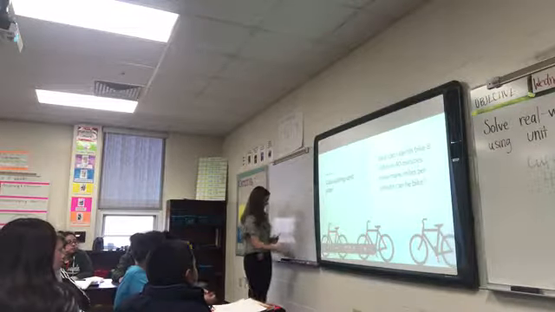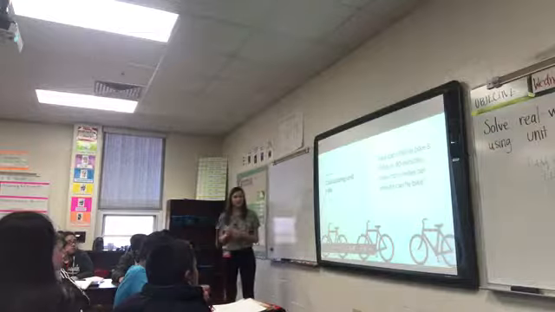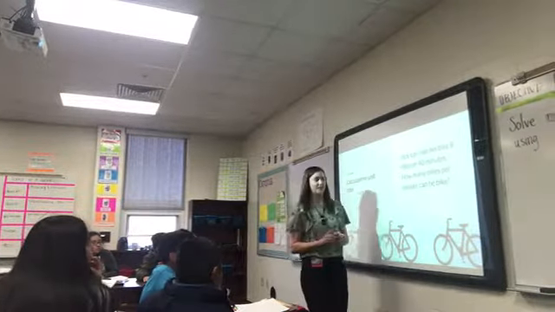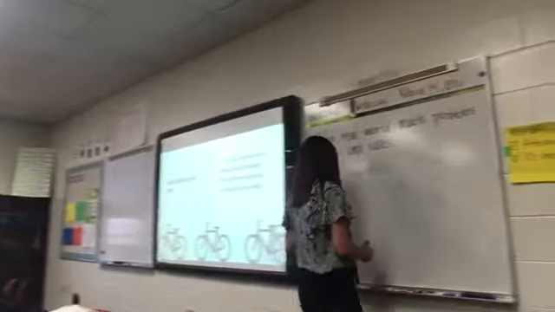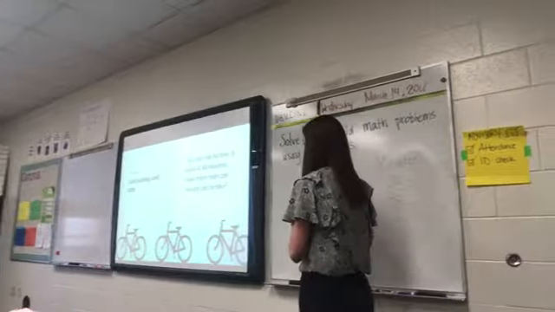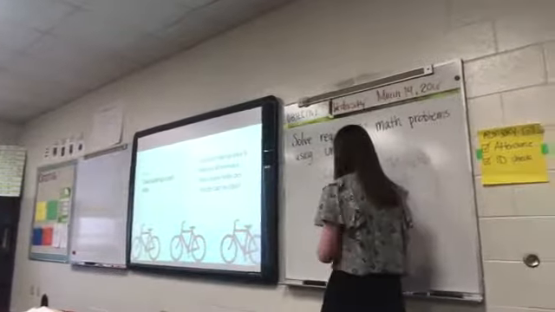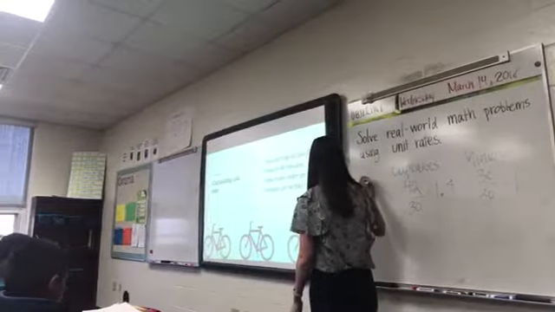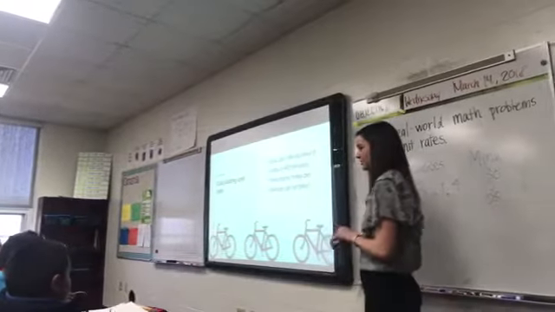Okay, this one. Jack can ride his bike 8 miles in 40 minutes. How many miles per minute can he bike? Is it 5? No, it's 0.2. How did you get that? I did 8 divided by 40.